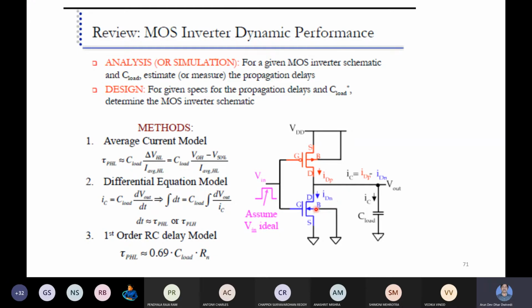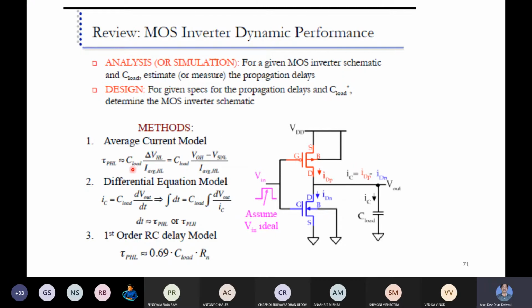In that case the NMOS will be off and the PMOS will be on. During that time we can calculate TPLH, the propagation delay when the output pulse is going from low to high. This is the basic concept by which we can calculate the delays by different methods.